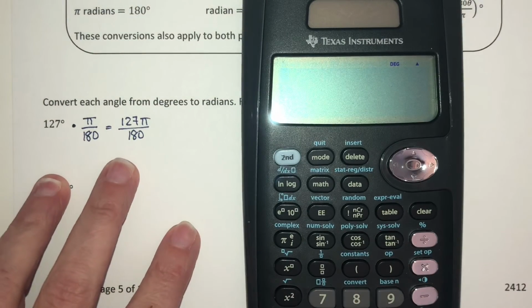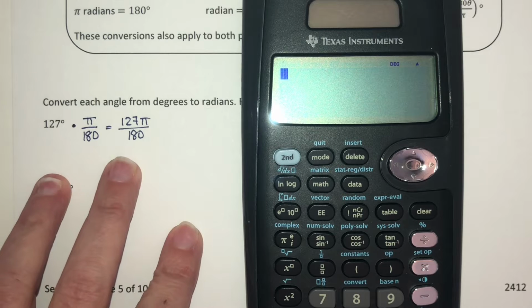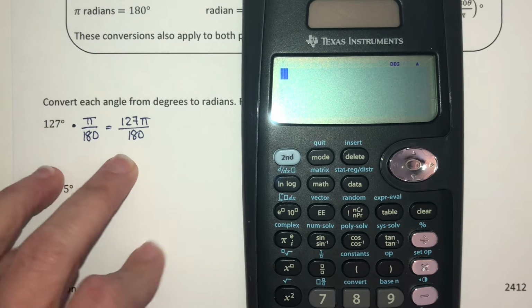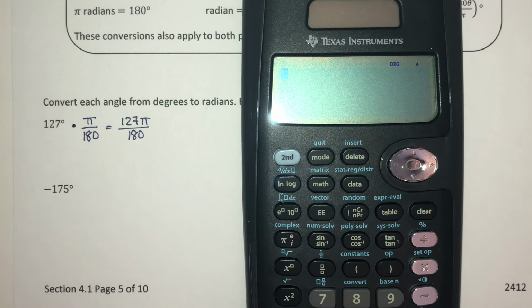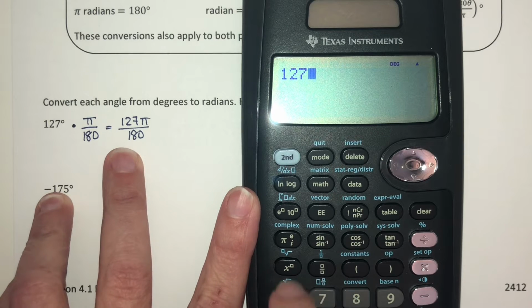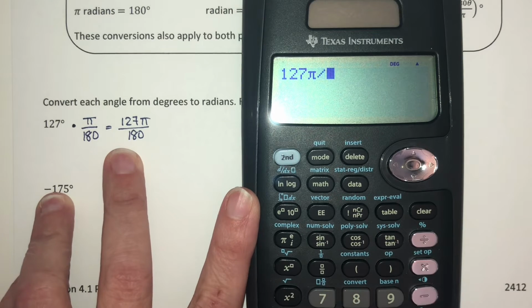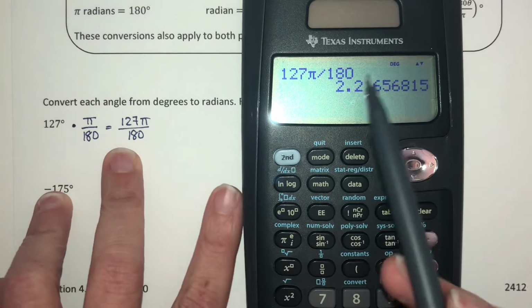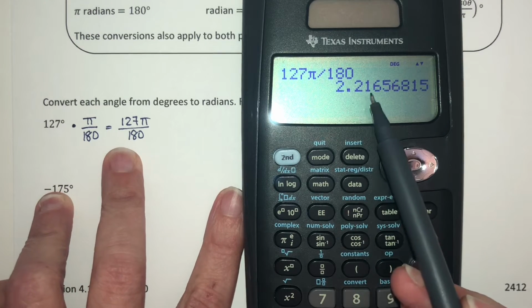When you do these approximations, you need to make sure that you are using the pi button on your calculator, because the pi button holds more decimal places than you would ever want to write down yourself, and you'll get the more exact answer. Okay, so if I do 127 pi divided by 180, I get approximately 2.22.